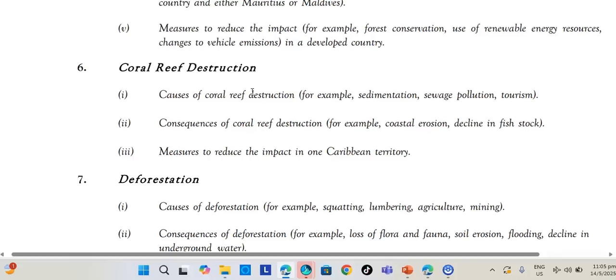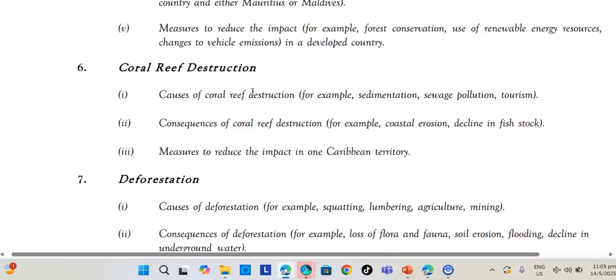Sewage pollution: dirty water causes algae to grow, which blocks sunlight from coral. Tourism: careless diving and boat anchors damage reefs. Climate change: warmer seas cause coral bleaching. Overfishing upsets the reef's natural balance.